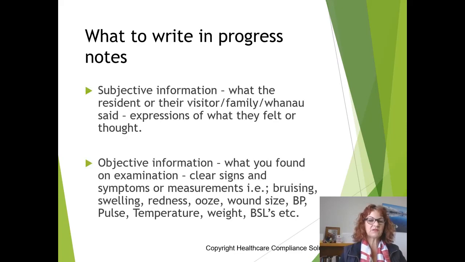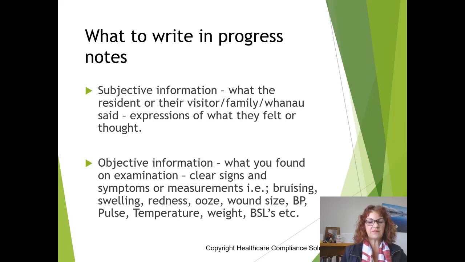Subjective, objective information: don't worry about this too much, as long as we're getting a clear indication of where we're at from a progress point of view. The subjective information is what the resident or their visitor, family, whānau have said, the expressions of what they felt or thought. The objective information, and how I always used to remember that as a nursing student, is that an object can be measured.